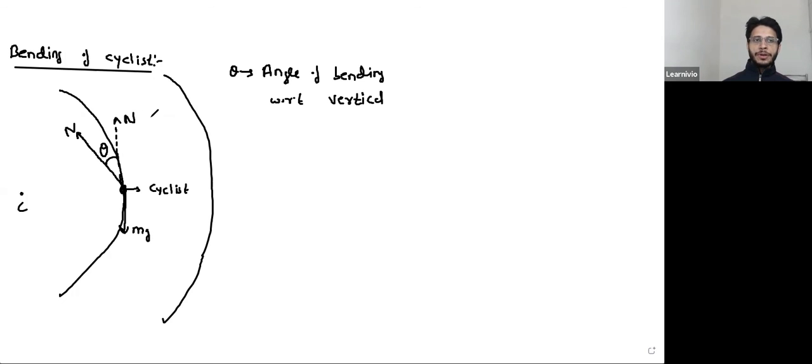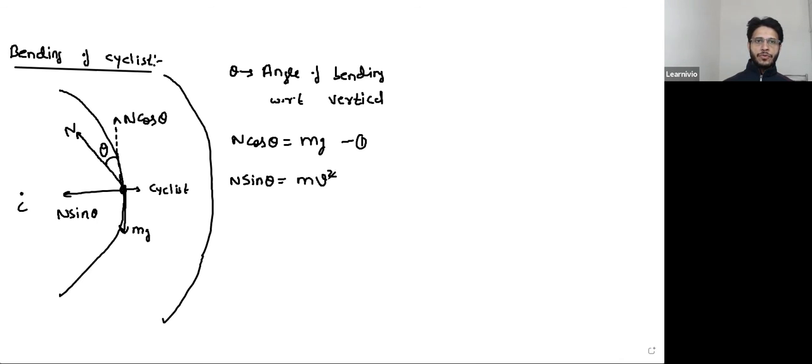You can take components of the normal reaction: N cos theta and N sin theta. It's very clear that N cos theta will balance the weight, and N sin theta will provide the centripetal force, mv squared by r. That's it.